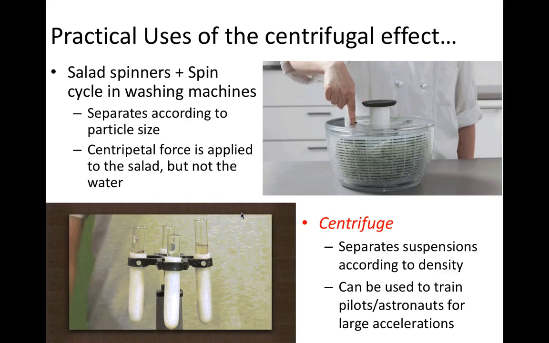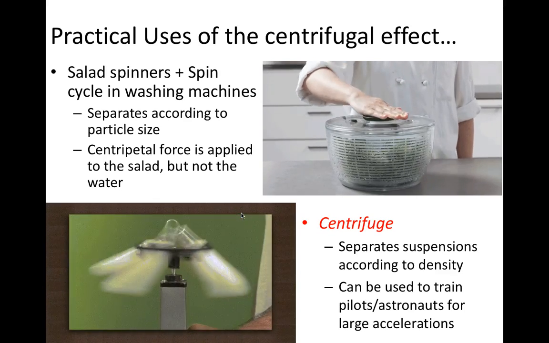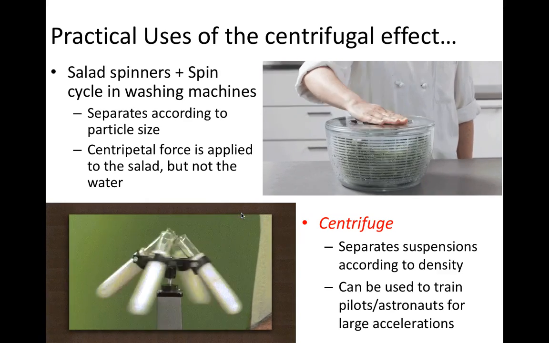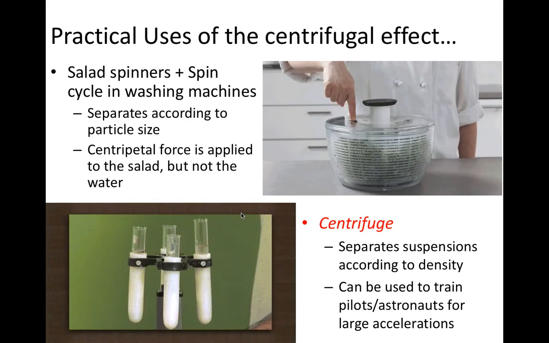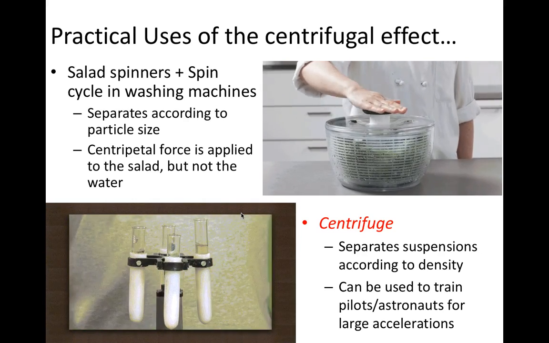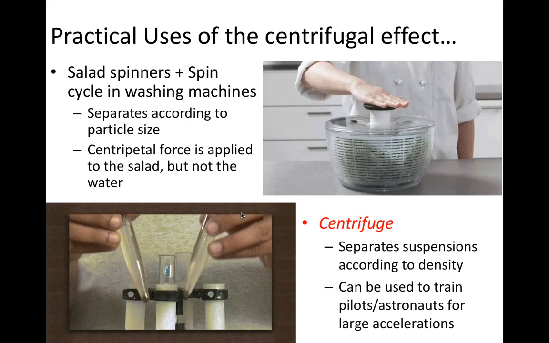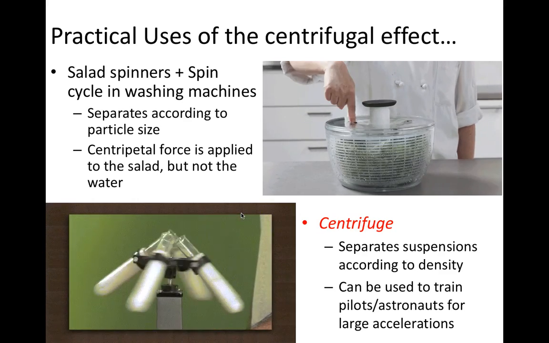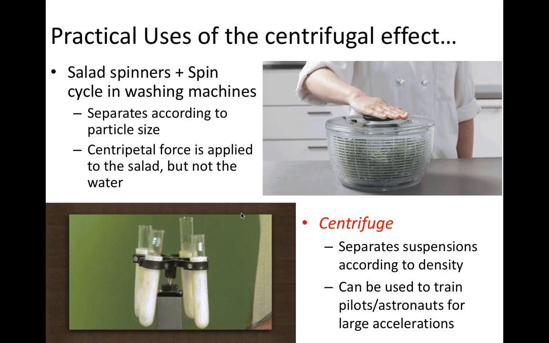You can see in this GIF that there's some muddy water that gets separated, and all the dirt particles end up towards the bottom of the test tubes. The bottom of the test tubes ended up being the furthest from the center of the circle that they're moving in. We can use centrifuges to separate suspensions, and we can also use them to train pilots and astronauts to experience very large accelerations.